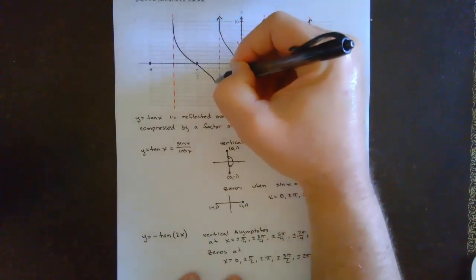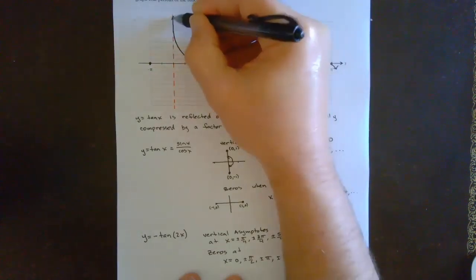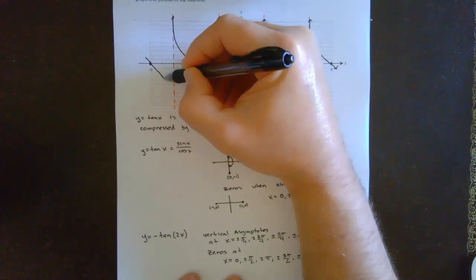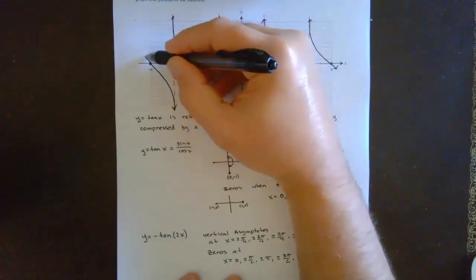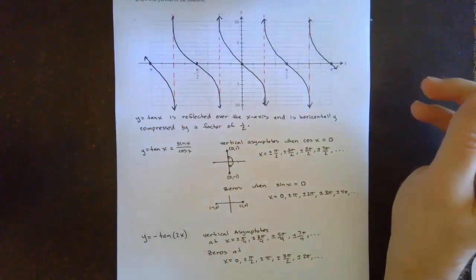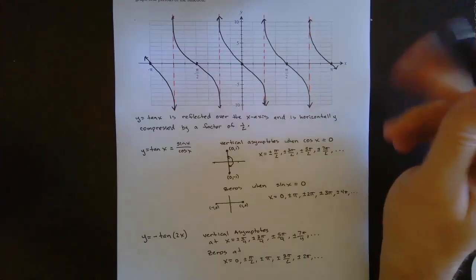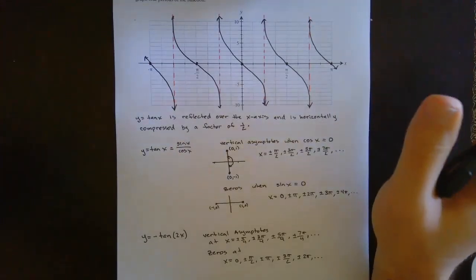Once you've established what one of them looks like, all of them are going to look the same. And then this one is just going to come down. So that's what y equals negative tan of 2x is going to look like, the general shape of it.